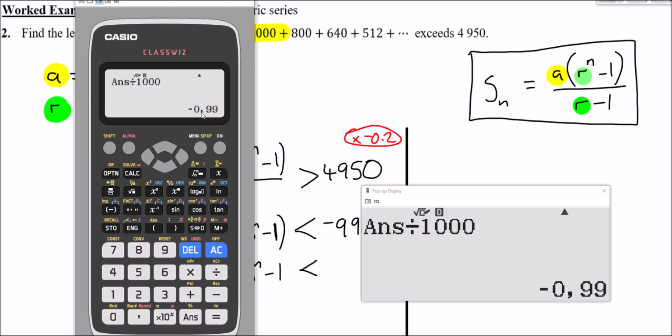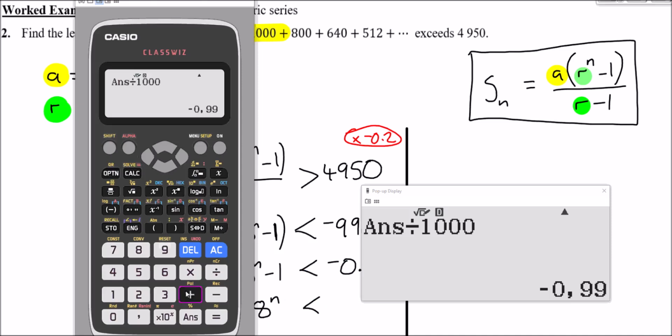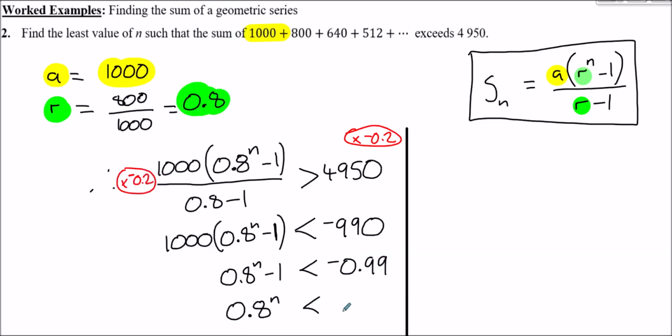That gives us minus 0.99. Add 1 to both sides. We want 0.8 to the n to be less than minus 0.99 plus 1. Again, use your calculator if you're not sure. That gives us 0.01.